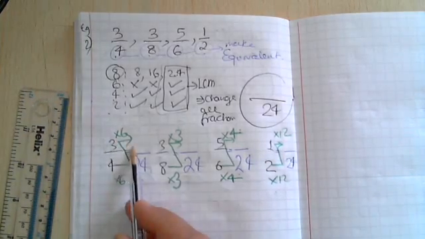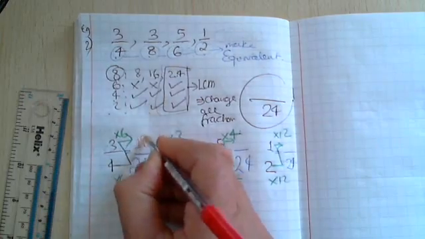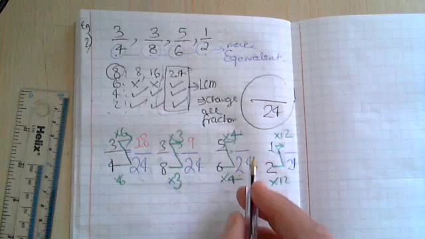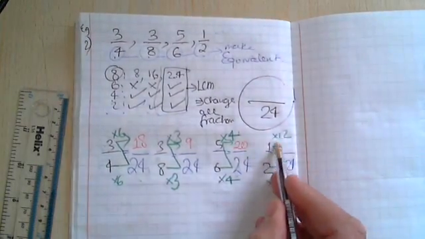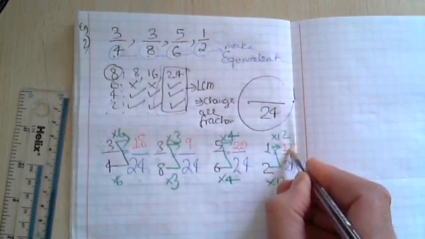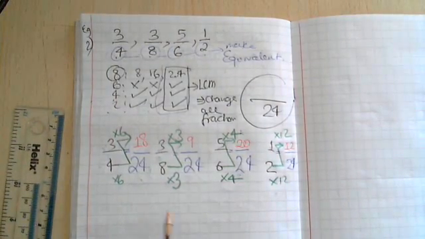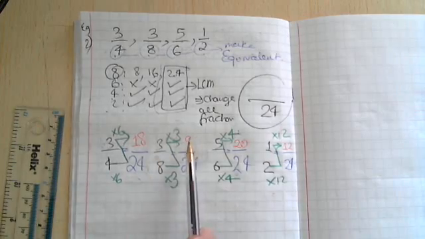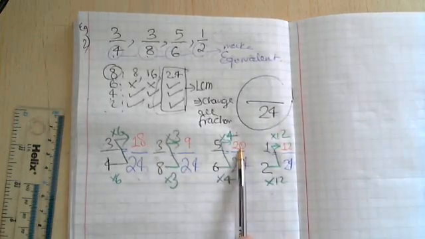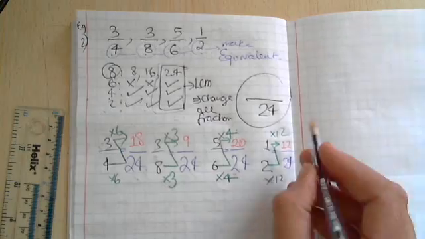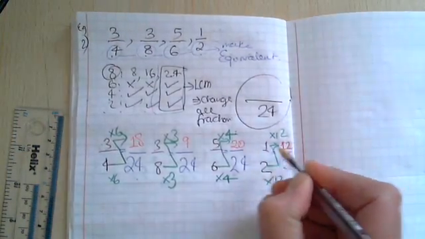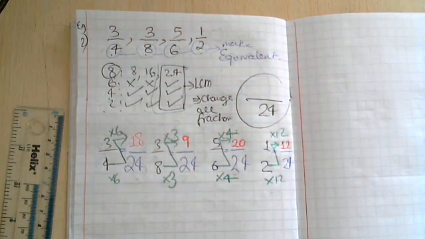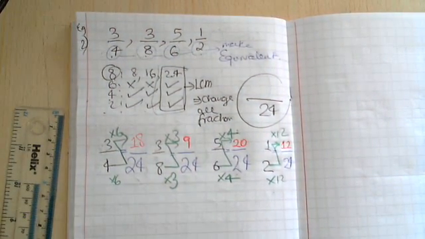So let's have a look what happens. 3 times by 6 is equal to 18. 3 times by 3 is equal to 9. 5 times by 4 is equal to 20, and 1 times by 12 is equal to 12. So now we can see which one's small, which one's big. So for example, we got 18 over 24, 9 over 24, 20 over 24, and 12 over 24. Okay, now, which one is the smallest number?